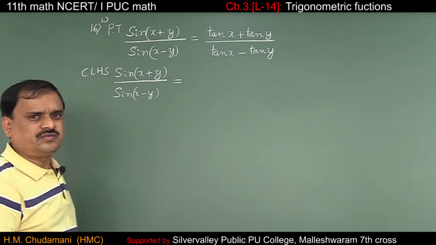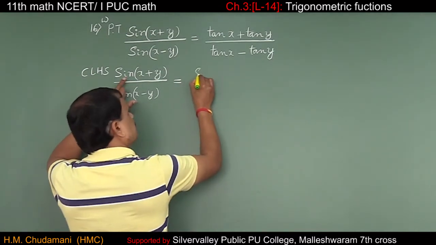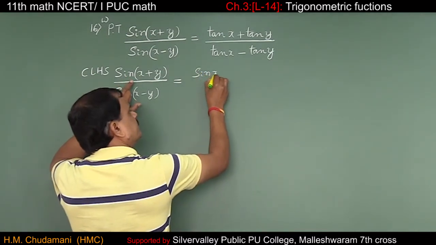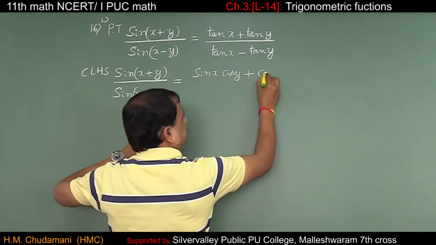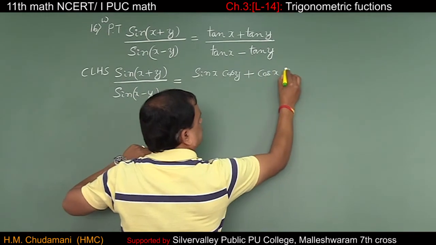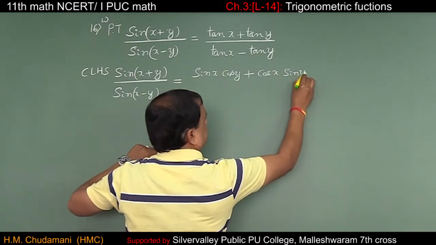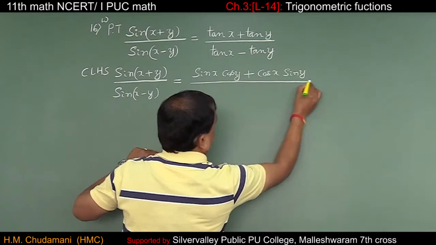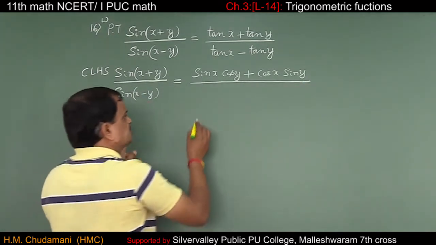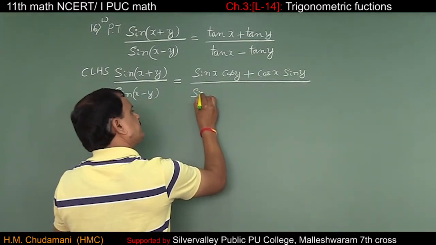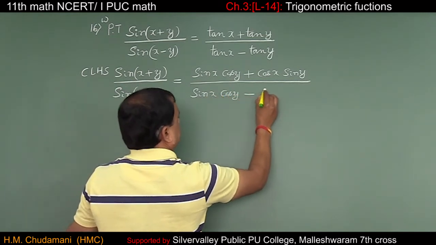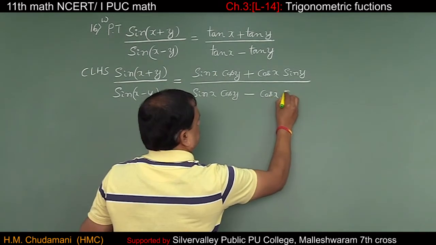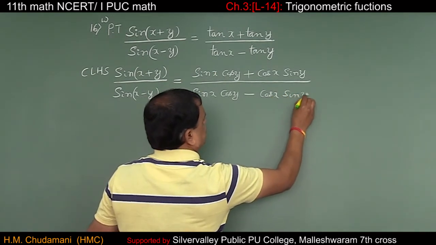What is sin of x plus y? Sin x cos y plus cos x sin y, whole divided by sin of x minus y, which means sin x cos y minus cos x sin y.